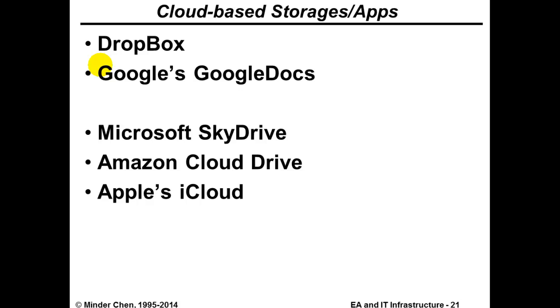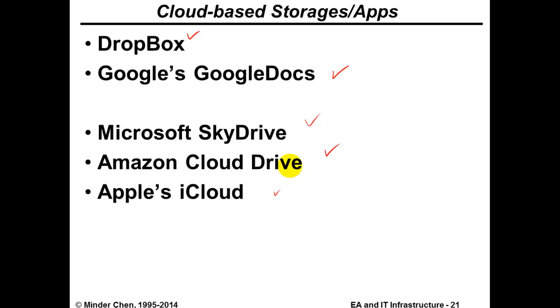A lot of cloud-based storage services: Dropbox, Google's Google Docs, Microsoft's SkyDrive, Amazon's Cloud Drive, and Apple's iCloud, to some extent, are all cloud-based storage, which means no matter where you go, as long as you hook up to the internet, sometimes you may need to download a particular client-side piece of software, but there's always web-based access to it.